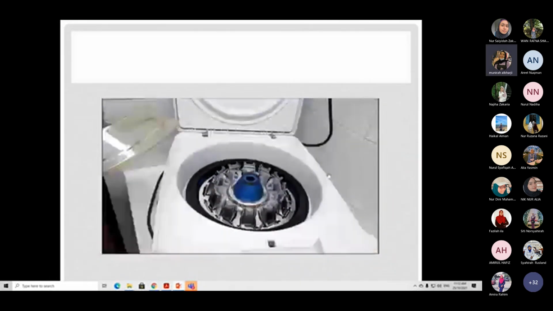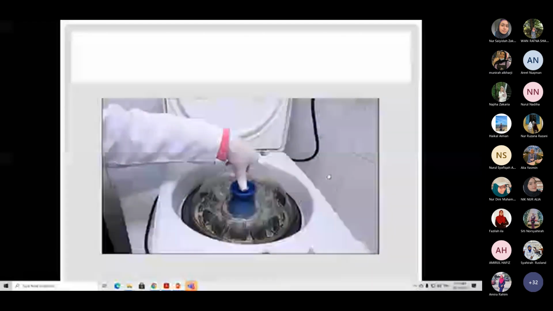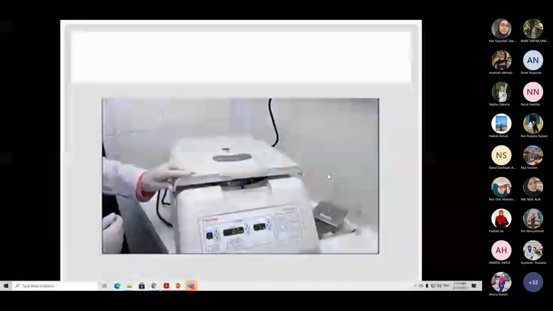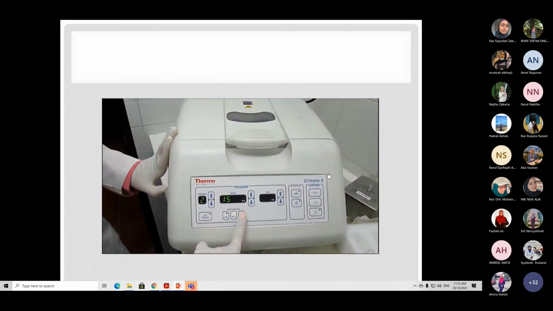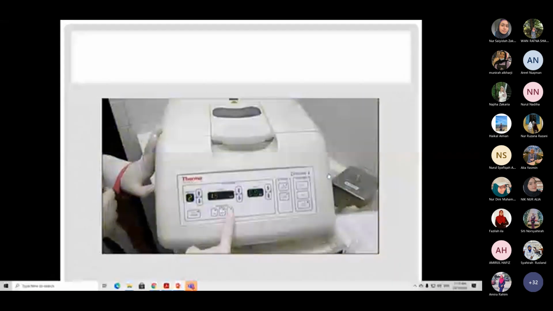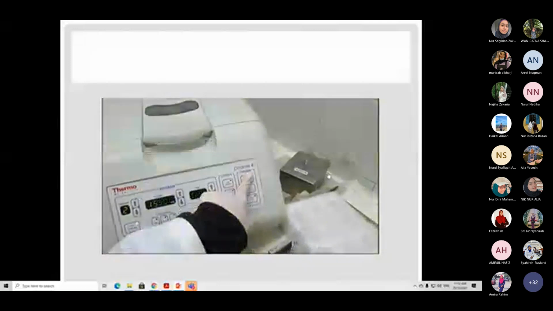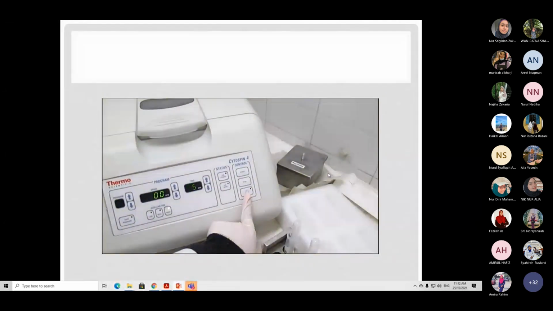Then you spin it. Okay, the time there is 1500 RPM, 5 minutes.